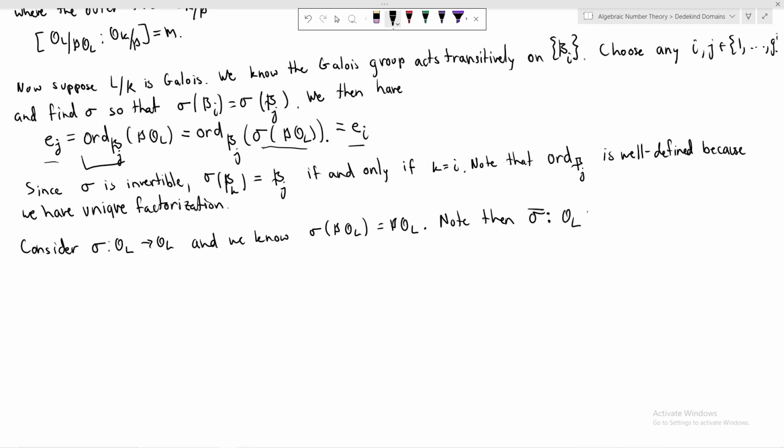What we really need is that because sigma takes P sub i to P sub j, sigma is going to descend to a map here. And in particular, this is going to be an isomorphism.